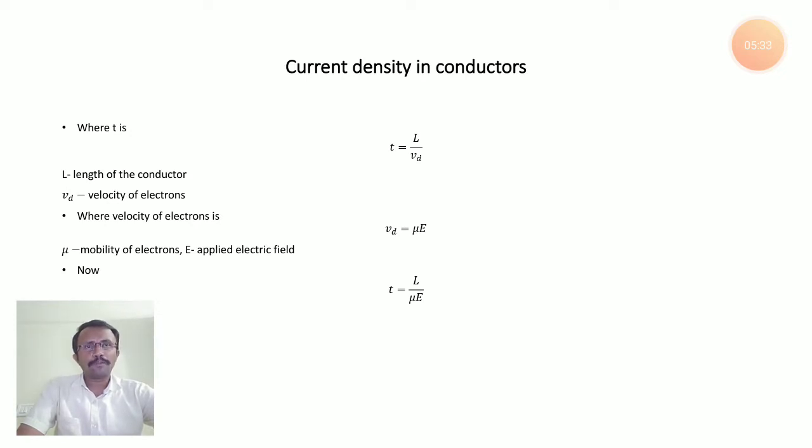Now when you substitute Vd, the velocity of electrons, into the time t, already you know t is equal to L by Vd, where Vd is equal to mu times E. So t becomes L by mu times E, where L is the length of the conductor, mu is the mobility, and E is the applied electric field.